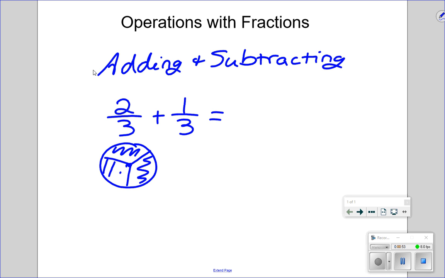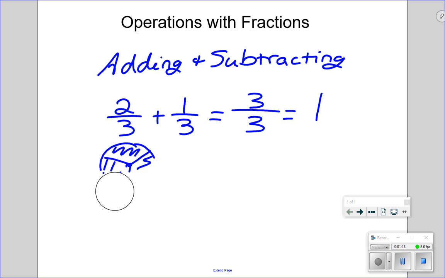So think of thirds as kind of your unit, like 2 inches plus 1 inch. This is 2/3 plus 1/3. We add the numerators together. So now we have a total of 3/3, but they're still thirds. So we're kind of counting up our thirds. Here's 1, 2, and then another one added. And then we simplify our answer. So in this case, 3/3 is just 1.